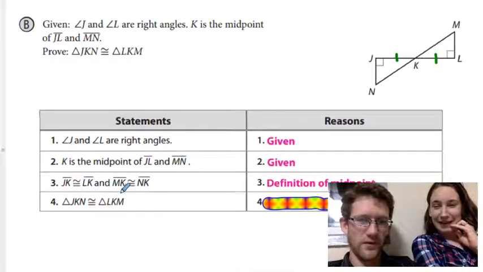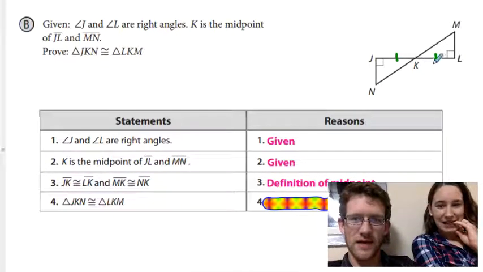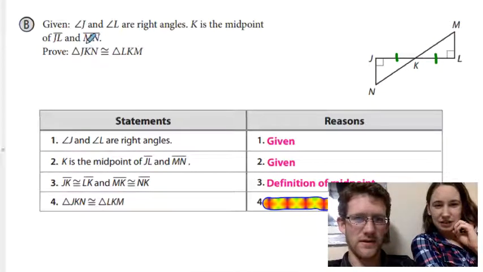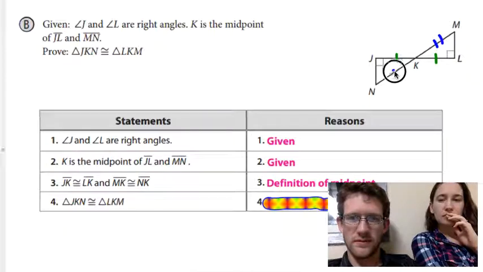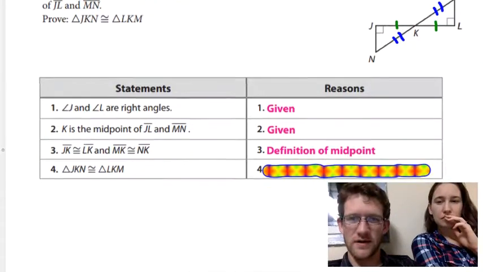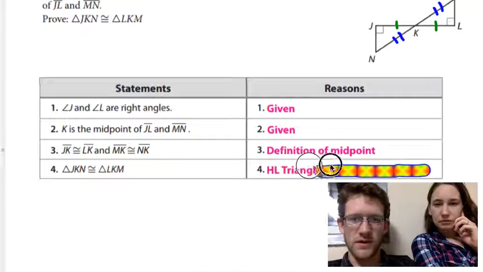Yeah. I do over here. So not only is JK congruent to KL, but NK is congruent to MK because it said so. It says K is the midpoint of MN over here. So here's my hypotenuse. That's what the proof is getting at here. So I don't need to prove this vertical pair here. We can just use hypotenuse leg triangle congruence theorem for that one.